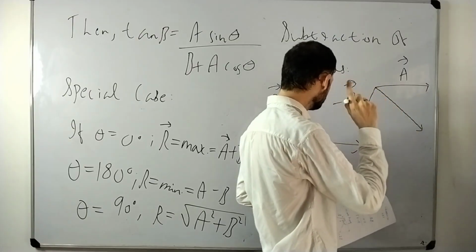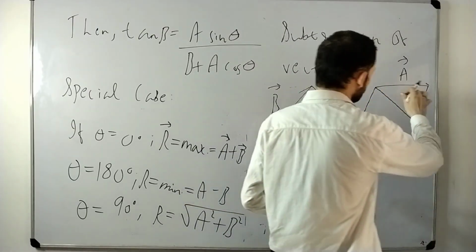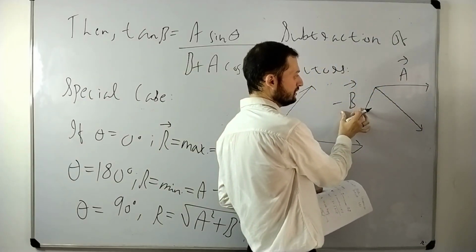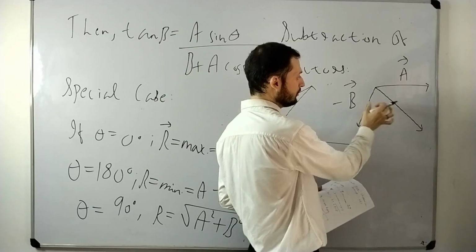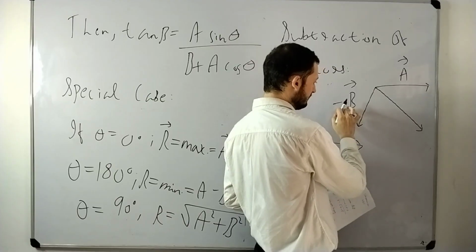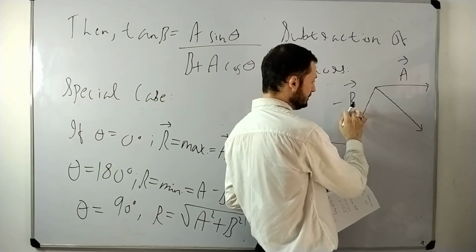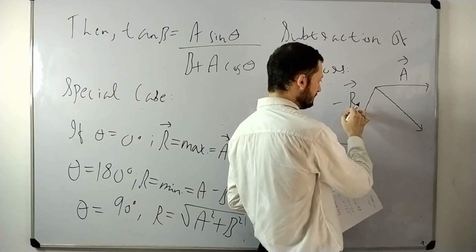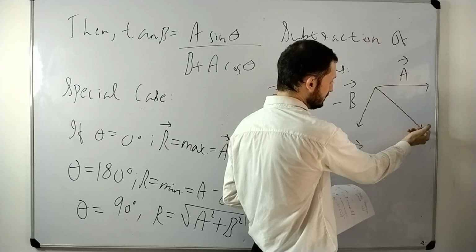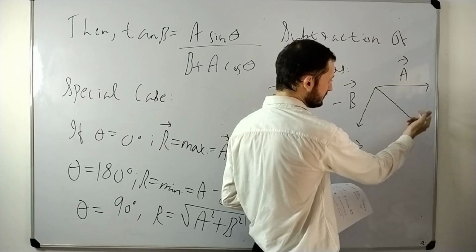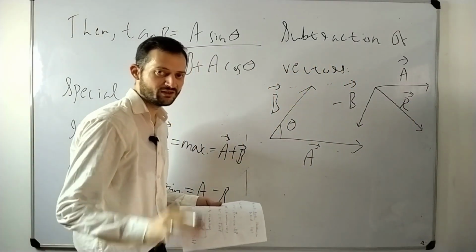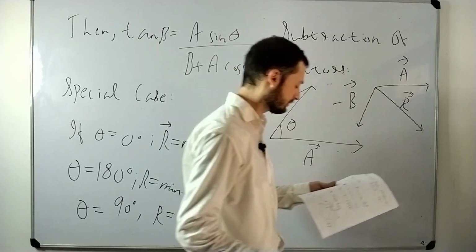Because according to the theory, if it is minus B, not plus B, it has to be opposite of the original R, the resultant. If it were positive B vector, then the resultant remains R in this way, but it has to be in the opposite direction, right, students? So that is why I am getting this R. So you see the beauty, the symmetry of physics.